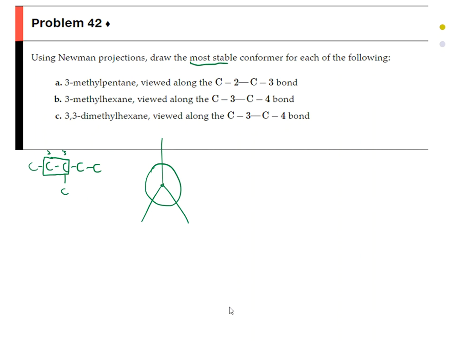It tells me the most stable. So I know that we're going to have a staggered conformer in order to do this. And I have to keep in mind the 2 bulkiest groups directly across from each other if we can do it. All right, so on carbon 2, which is this dot, that's the first one that's pointed toward me, what do I have?